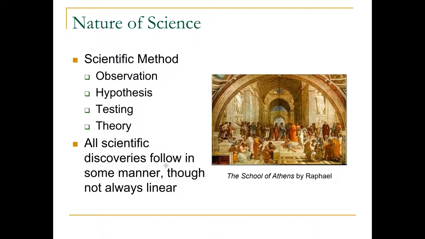So first, science is an ongoing process with new discoveries being made all the time. Most of these discoveries follow what we call the scientific method, where you may make an observation, develop a hypothesis, test that hypothesis, and eventually that may lead to a law or theory.